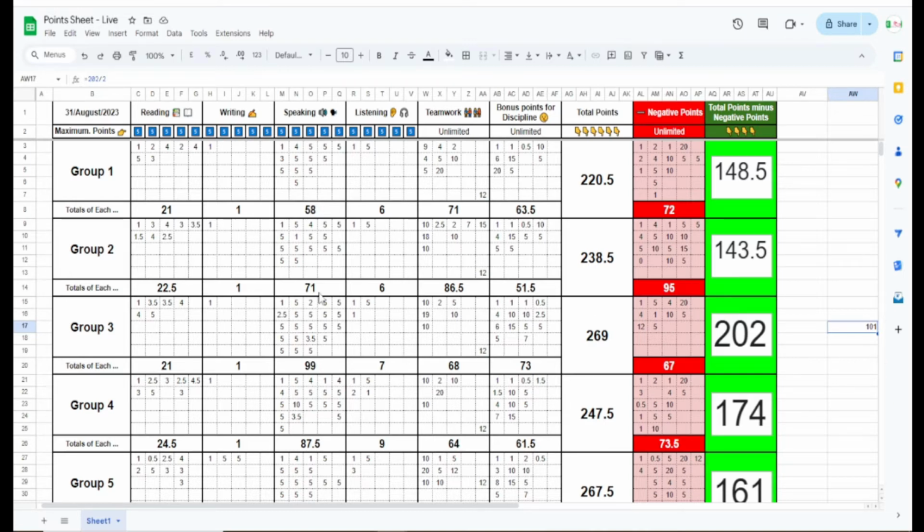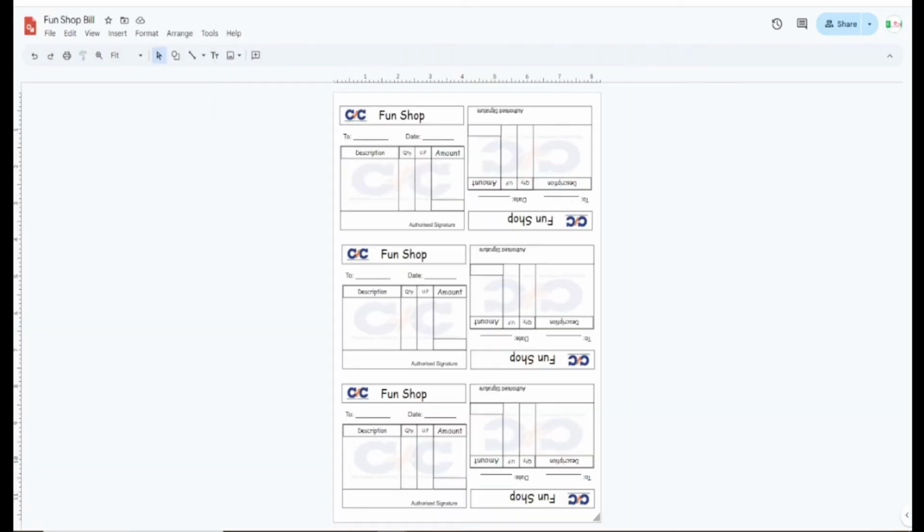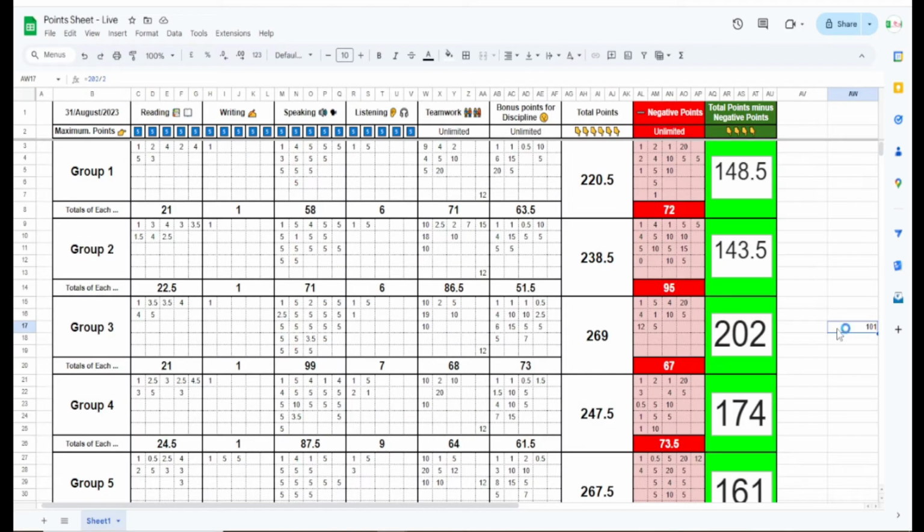Now, the second thing, another point that we need to consider, is that it's not the original cash.